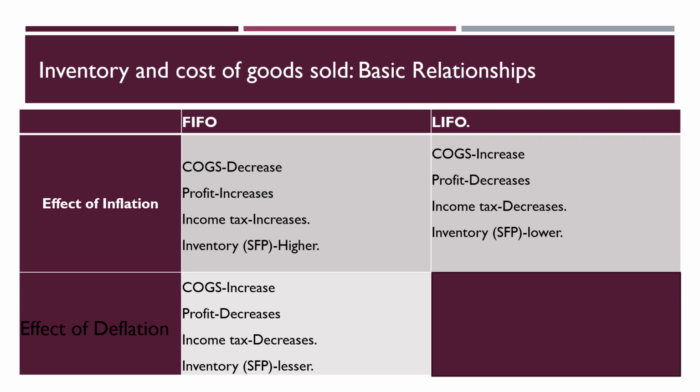As a result, the income tax also decreases. Under the deflationary scenario, the FIFO value of unsold inventory is lesser. Therefore, as the inventory in the statement of financial position, we are going to show a lower amount.